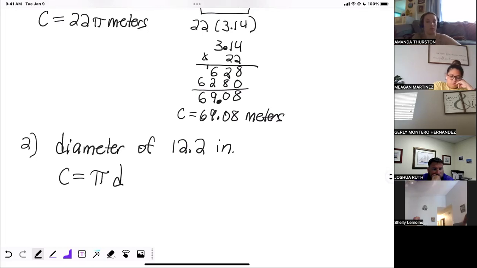Or you could cut it in half to make 6.1 and use 2 pi r. It doesn't matter, either or. Okay, so exact and approximate, sorry, approximate.